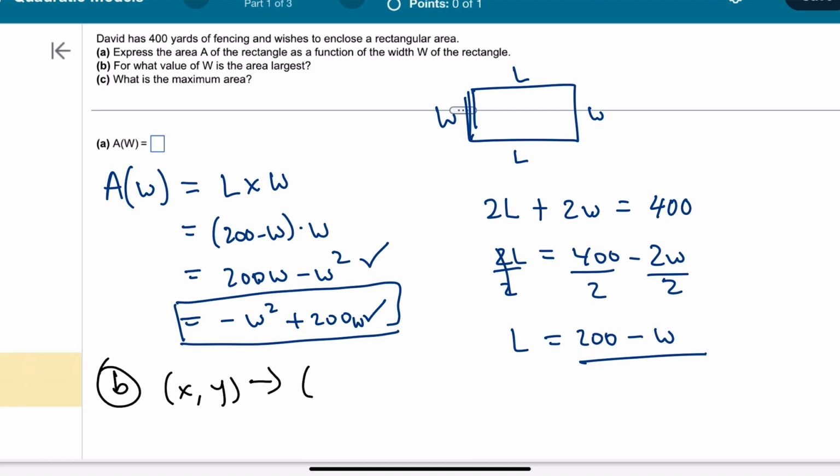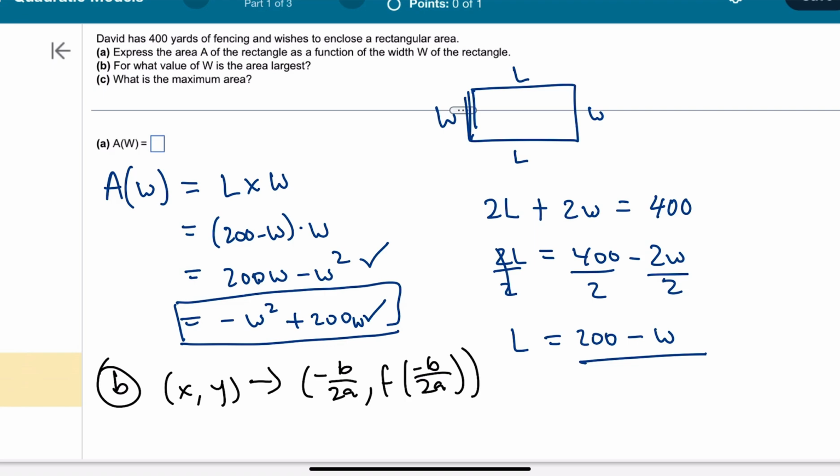But I showed you that the way to look for the vertex, just the vertex alone, is negative b over 2a. This is a shortcut to getting the vertex. This is a bad shortcut if you're asked to graph the vertex form. In order to do that, you really want to do completing the square. This is just to get the vertex.